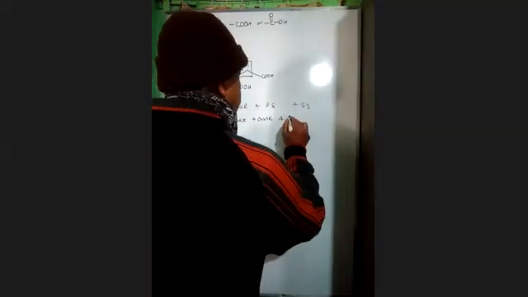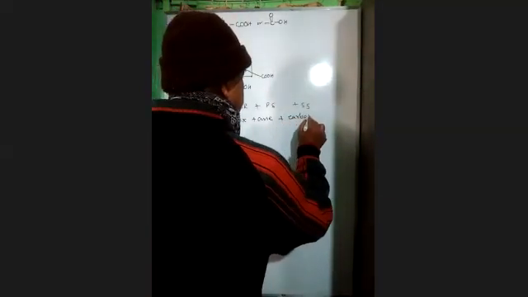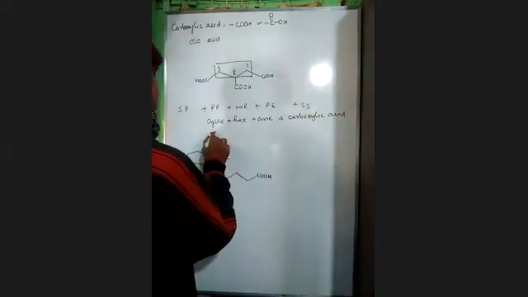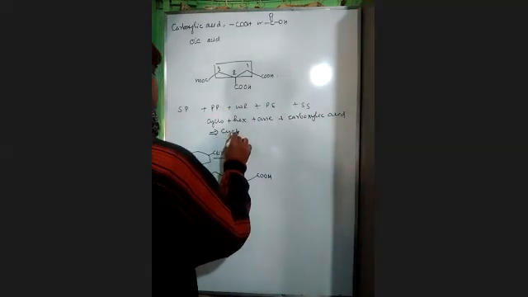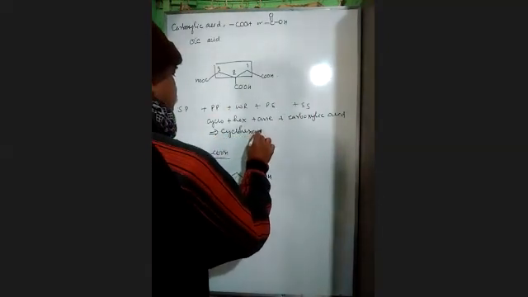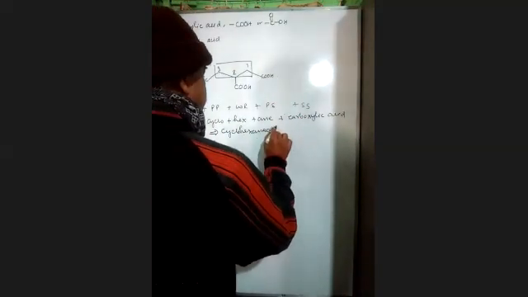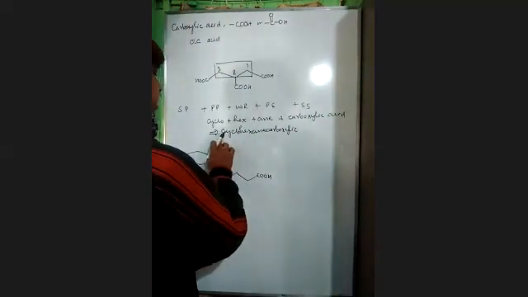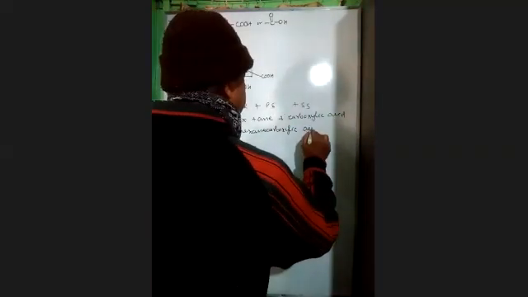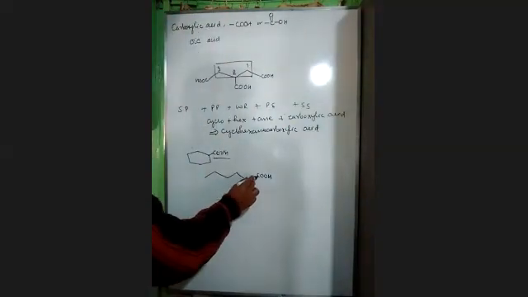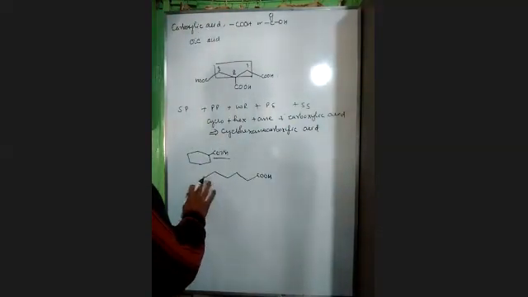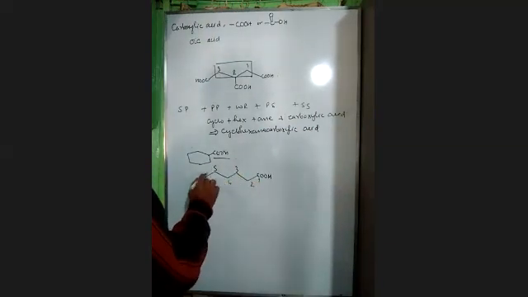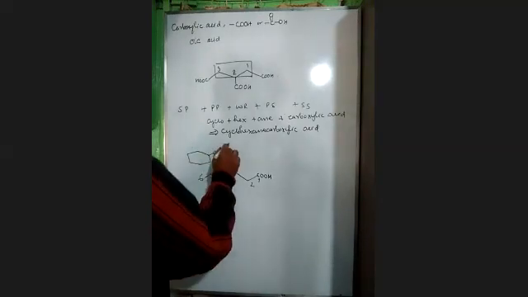So it is carboxylic acid. The name is cyclohexanecarboxylic acid, from here to here is one word, no break. But in the other case, see, it is a part of the main chain. So it is 1, 2, 3, 4, 5, 6.